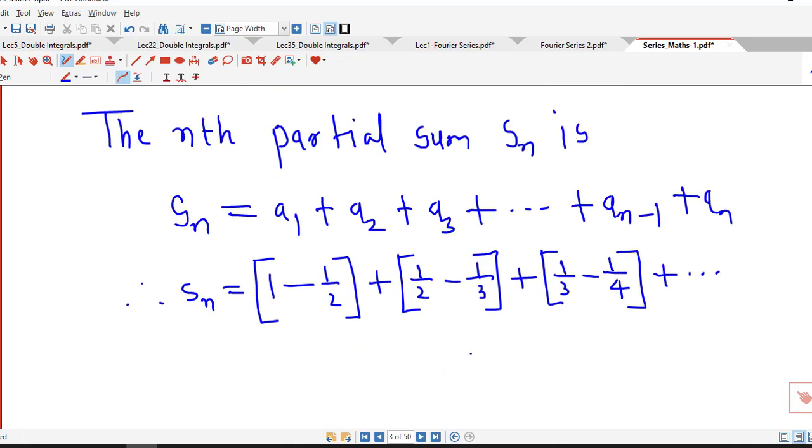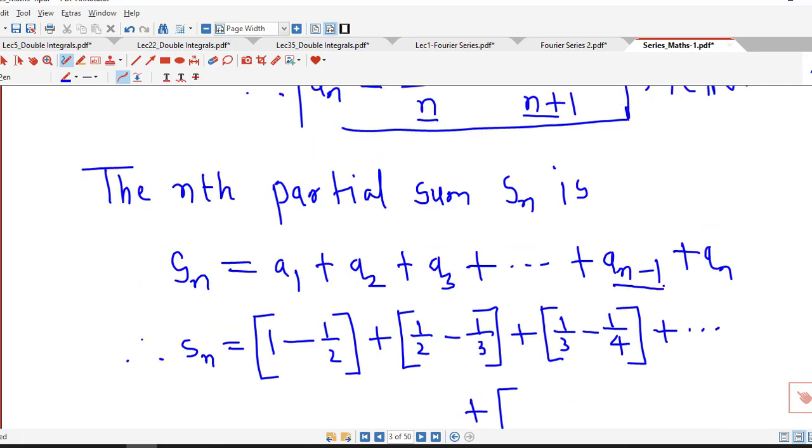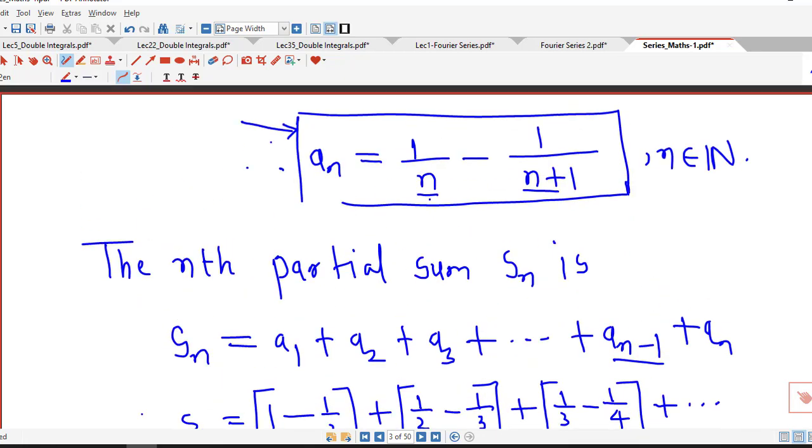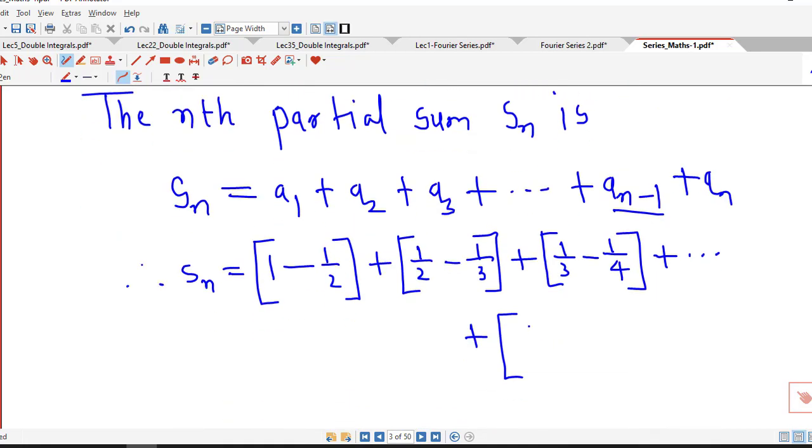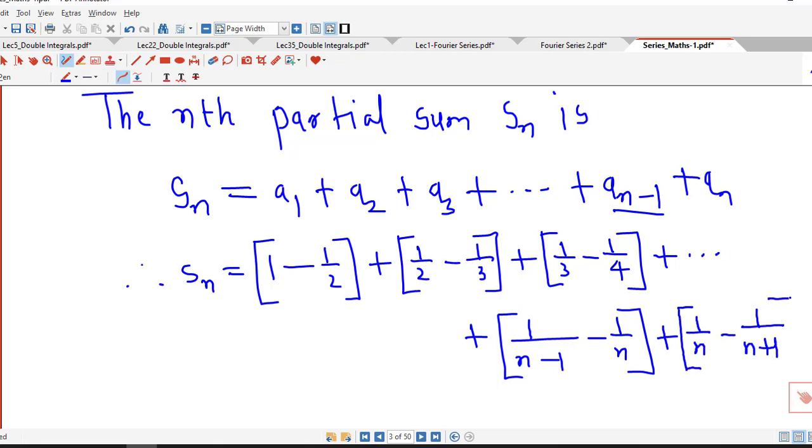For the (n-1)th term we replace n by n-1, so we have 1 over n-1 minus 1 by n. So the (n-1)th term is 1 over n-1 minus 1 by n, and the nth term is 1 by n minus 1 by n+1.